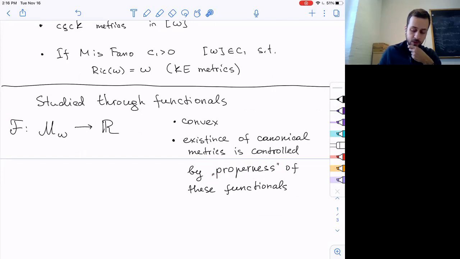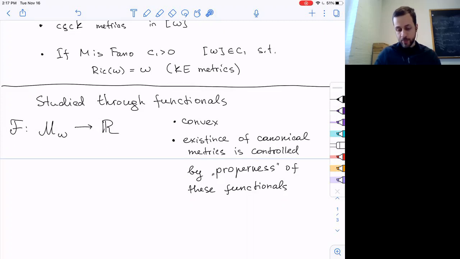So it would be good to try to extend some of these ideas to the generalized Kähler world. And to do this, we need to overcome two problems. First, we need to find an appropriate definition of generalized Kähler class. Then once such a definition is found, we need to take an appropriate notion of canonical metric. And again, there are many choices.